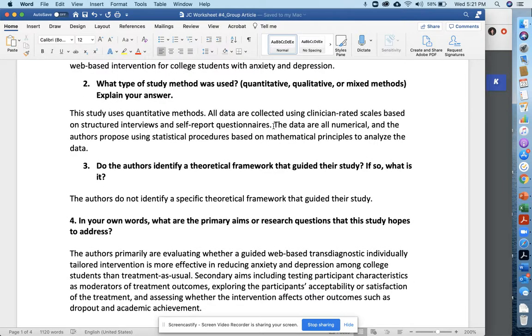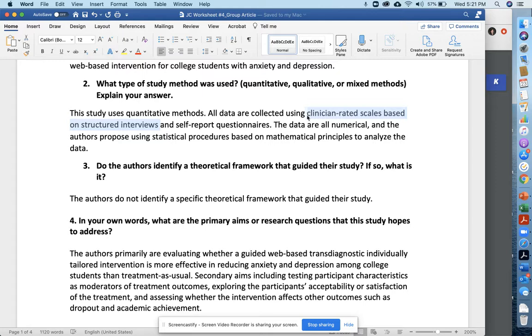The next question is, what study methods were used? And in this study, all of the methods that were used were quantitative methods. And I know this because the data were collected using self-report questionnaires mainly, and just one structured interview.